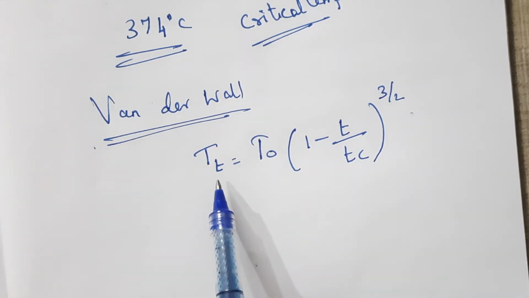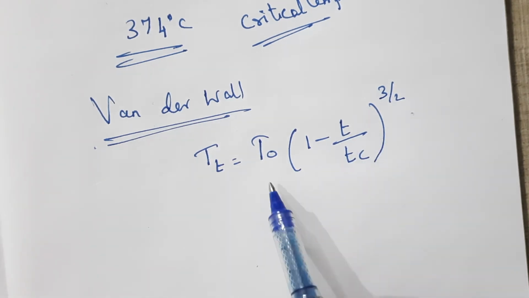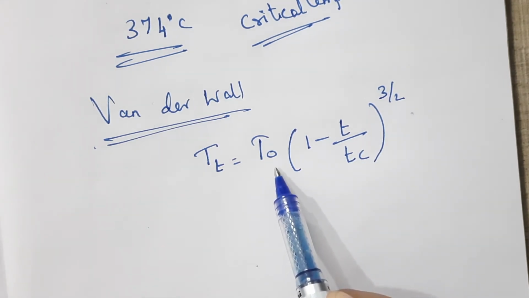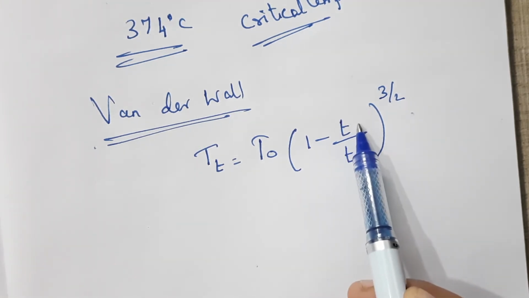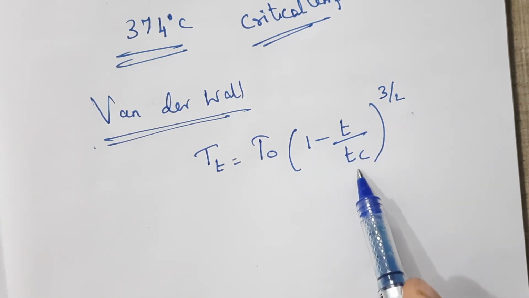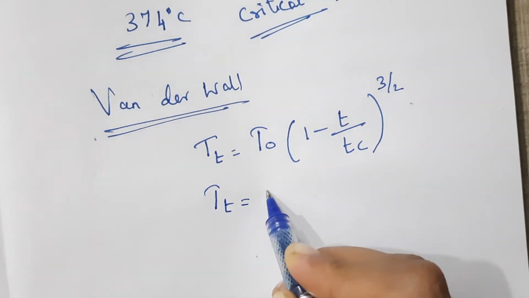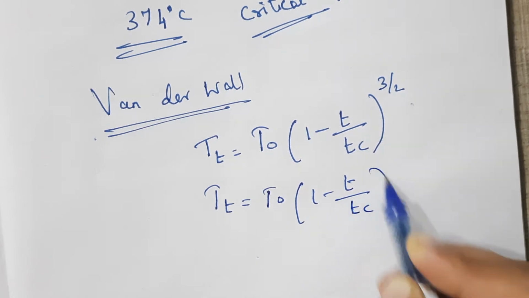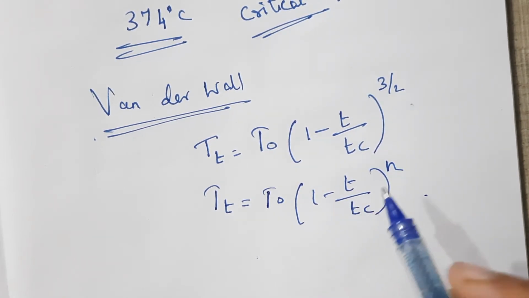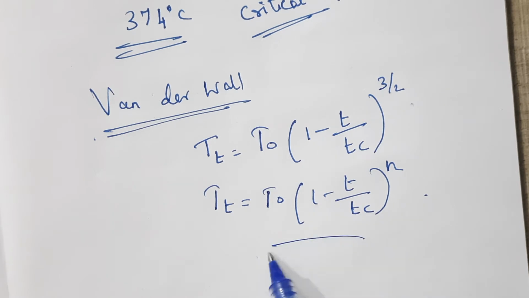T0 is the surface tension at 0 degrees Celsius, t is the temperature, and Tc is the critical temperature. Generally we can write T = T0(1 - t/Tc)^n, where n varies for different liquids.